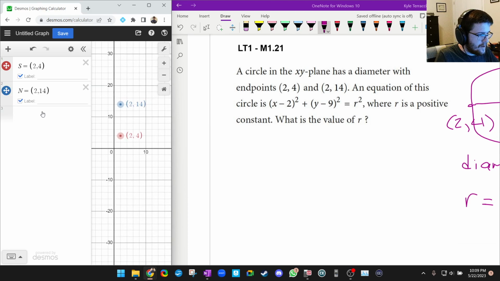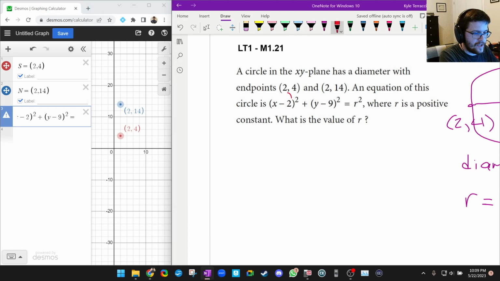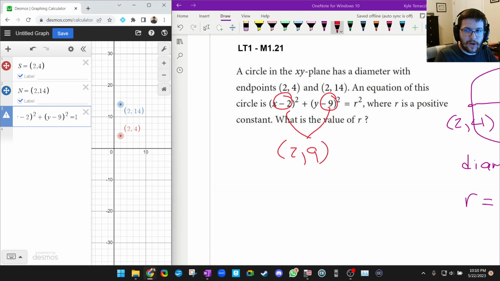So now I'm going to type in x minus 2 squared plus y minus 9 squared equals r squared, radius squared. So the center should be at 2, 9. Remember, we changed the signs of these guys. So the center is 2, 9. And x minus h squared plus y minus k squared equals r squared.